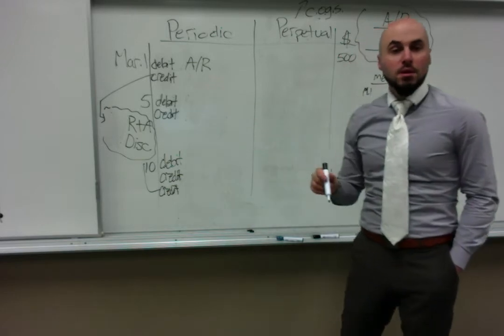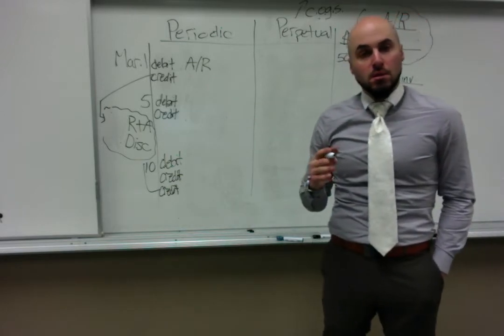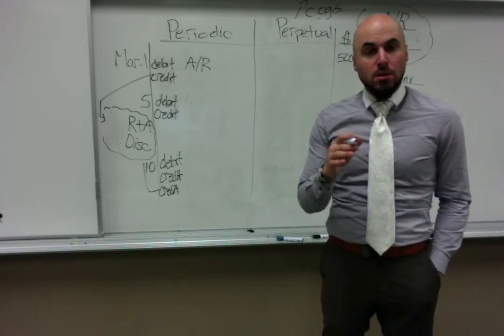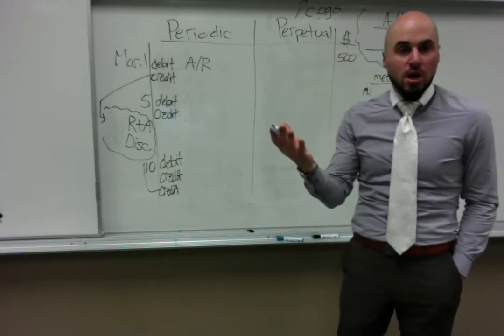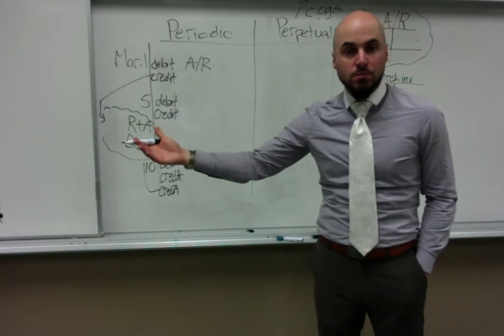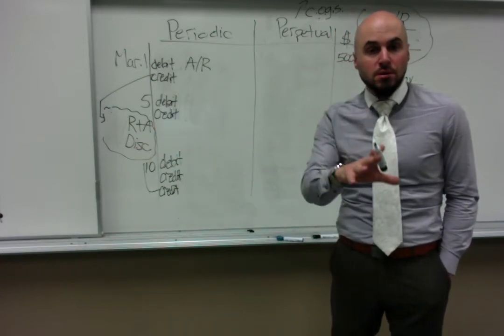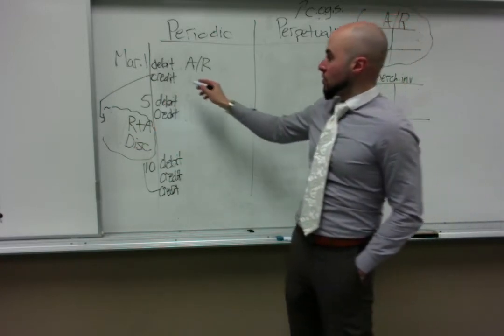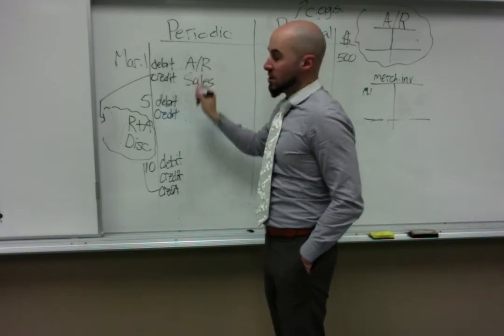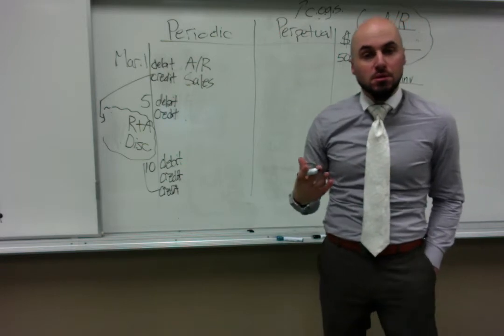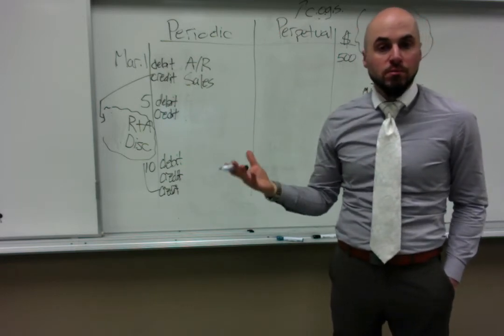Credit, when you make a sale, it's just the opposite of when we said purchases. It's going to be called sales. So the credit in the periodic system will be sales. Sales, we know, is like saying revenue.